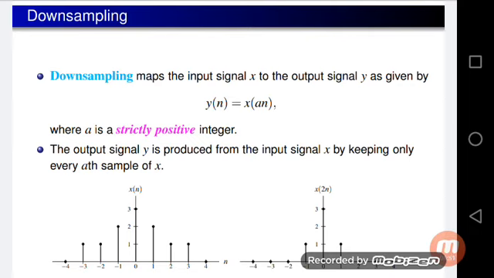In down sampling, it maps the input signal x to the output signal y as given by y equal to x of an, where a is a strictly positive integer.